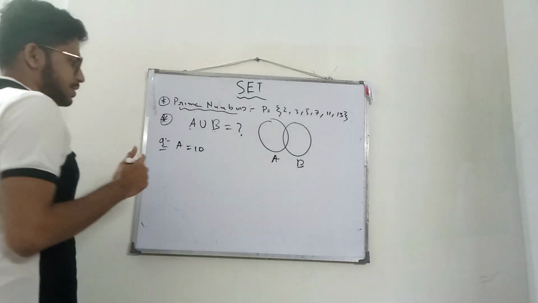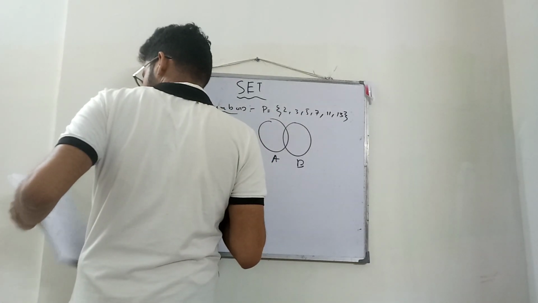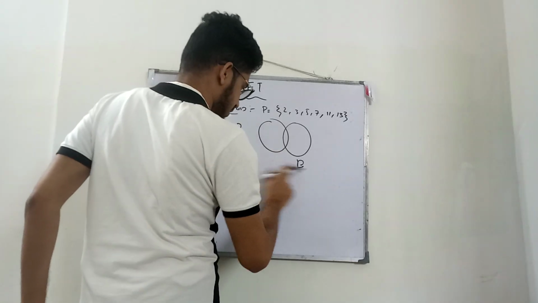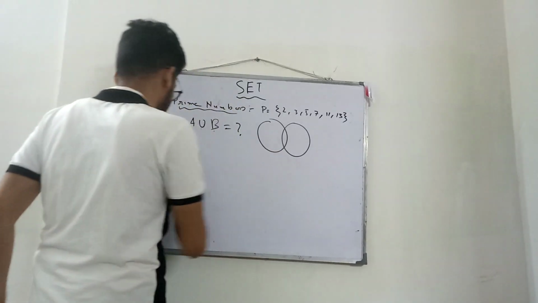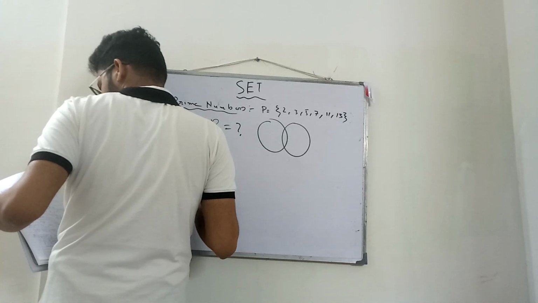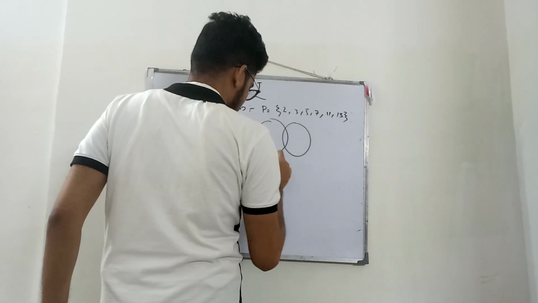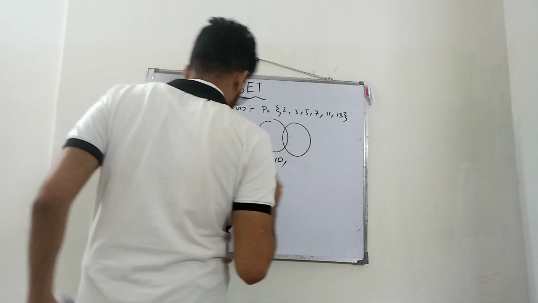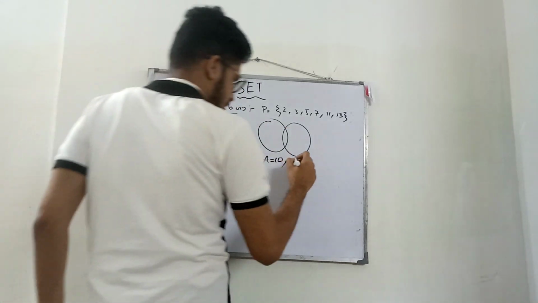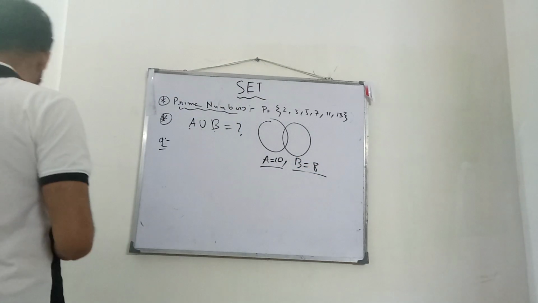Suppose I am taking this circle, and A is equal to 10 and B is equal to 8.